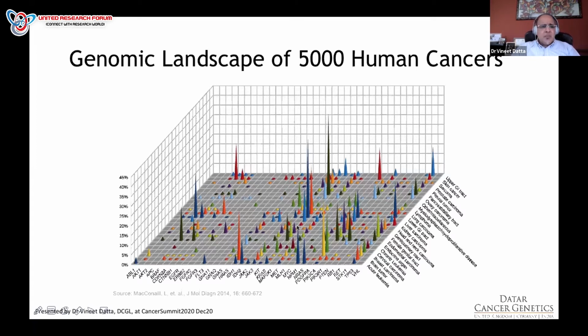This was an excellent paper by McConnell in 2014 that was largely looking at the landscape of mutations by gene as part of the study cohort that they looked at. And you can see from the graph the frequency of mutations indicated on the y-axis, the genes that are mutated on the x-axis, and the cancer type on the z-axis. They had almost about 3,000 mutations identified in this cohort.